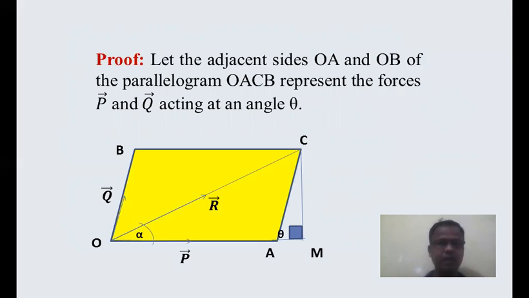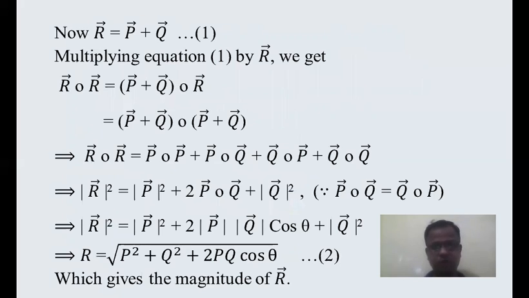You see here the vector R is the resultant of vector P and vector Q, meaning OC is the resultant, and the angle theta is CAM. Now vector R is equal to vector P plus vector Q. We saw this in the previous lecture.